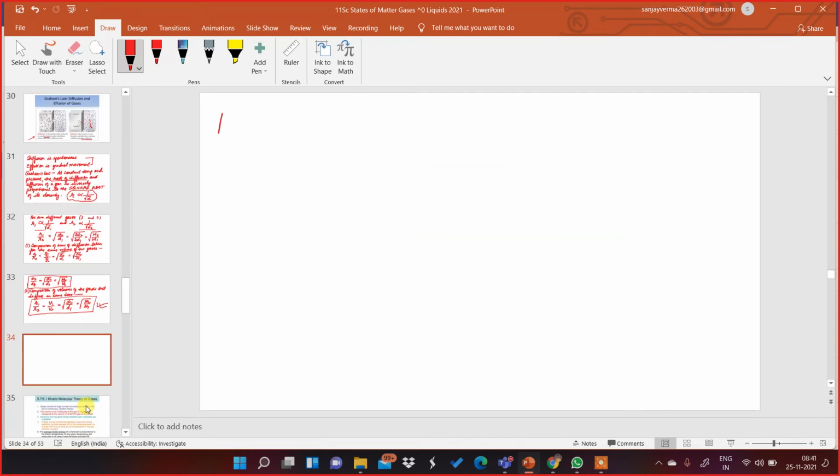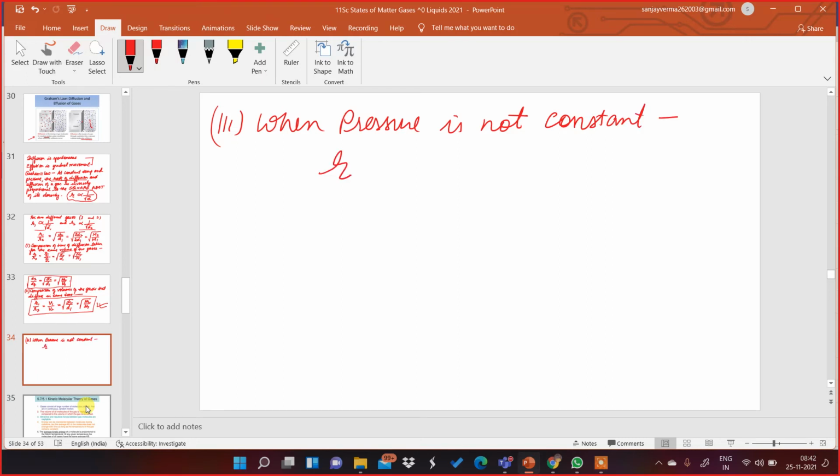Now the third case is over here, when pressure is not constant. When pressure is not constant, then we know the rate of diffusion is inversely proportional to its molecular mass. And we also know the rate of diffusion is directly proportional to its pressure.